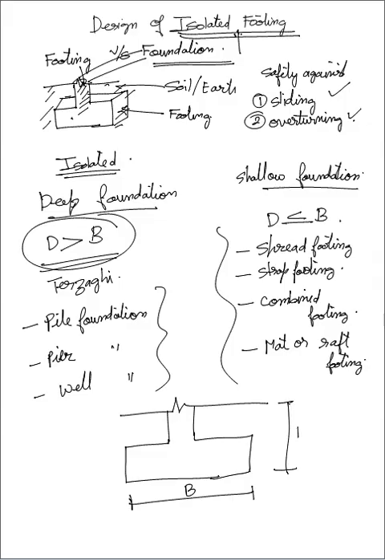When D is greater than B, it is termed as deep foundation, and shallow foundation if its depth is equal to or less than the width. So depth is less than or equal to width, so obviously it will be shallow foundation. This criterion was given by Terzaghi.